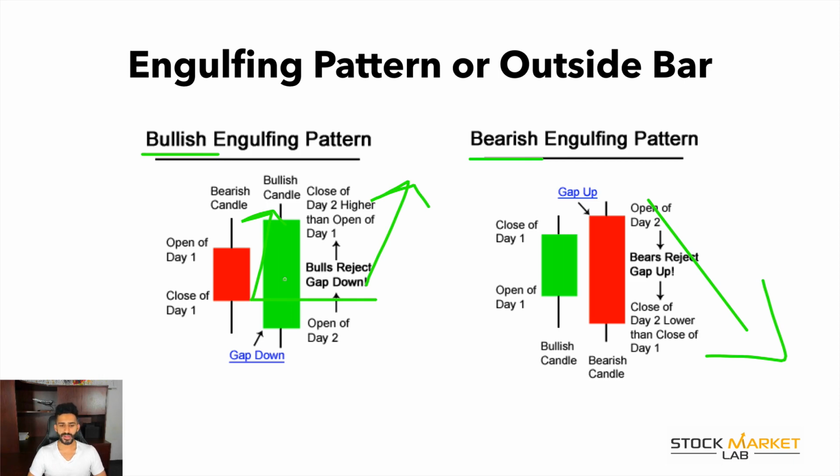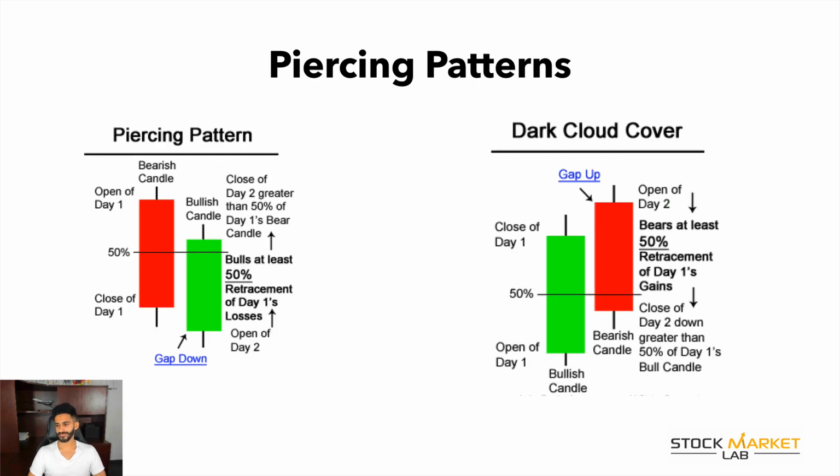But if you do see them with proper market context, and you look at all the quality factors, high volume, at a critical support level or resistance point, market sentiment looking good, company sentiment looking good, you could have a high probability trade. Another one we have is called a piercing pattern.